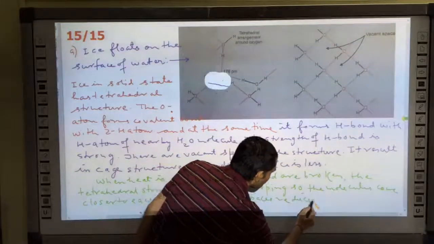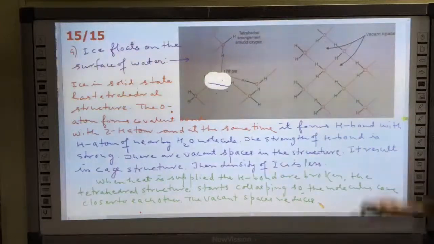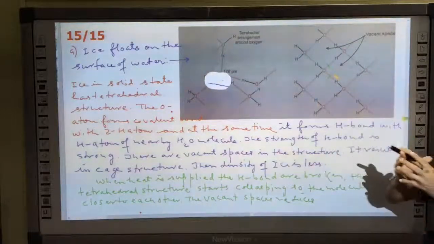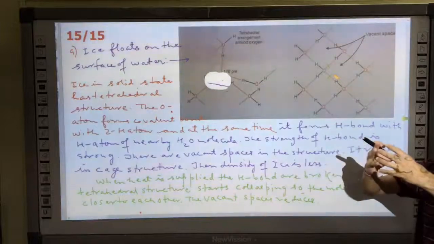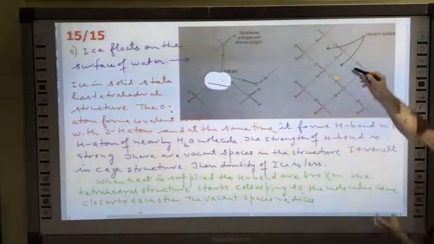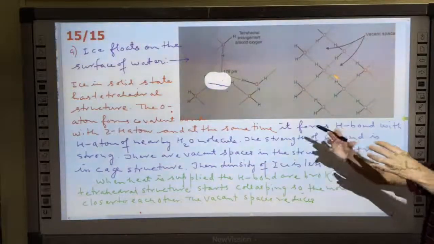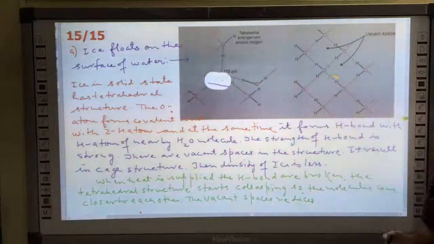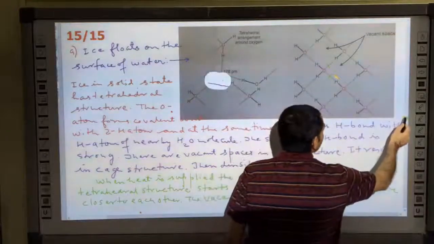Now you see, when energy is supplied to ice, these hydrogen bonds are broken. As a result, the tetrahedral structure collapses, and the water molecules move closer to each other. When they move closer, the vacant spaces vanish. Clear?